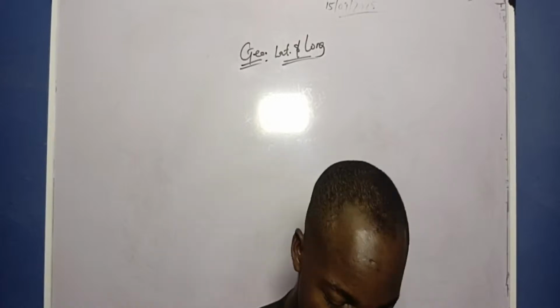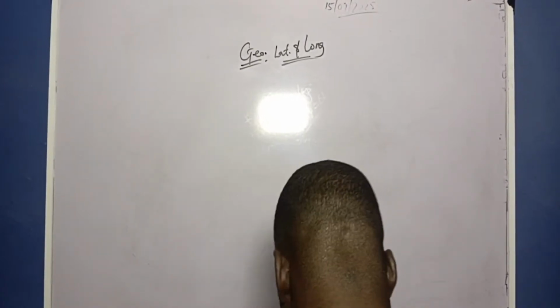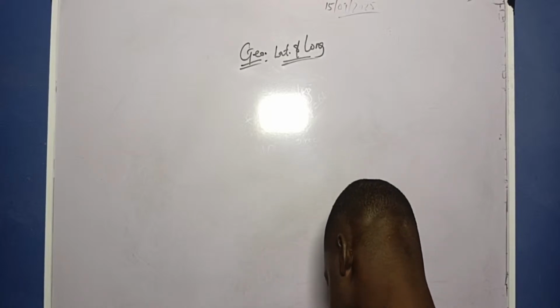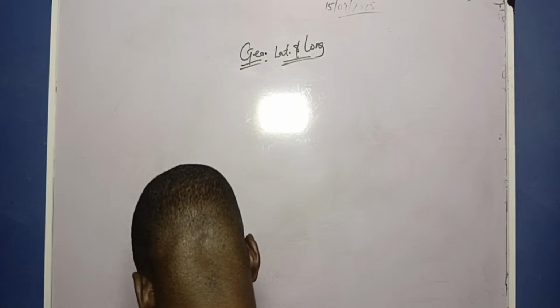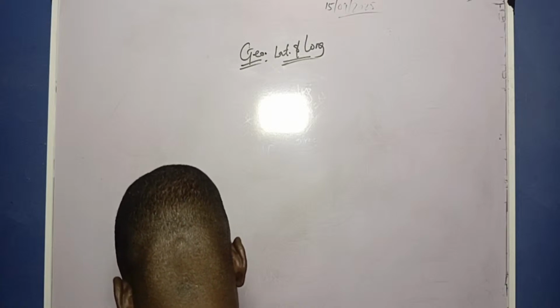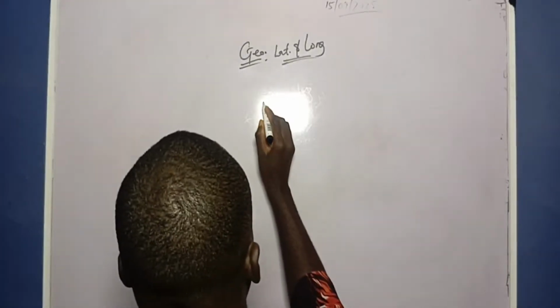So when you hear the word latitude, what comes to your mind? Latitude is actually the angular distance of a point on Earth's surface measured in degrees from the center of the Earth to the north or south of the equator.